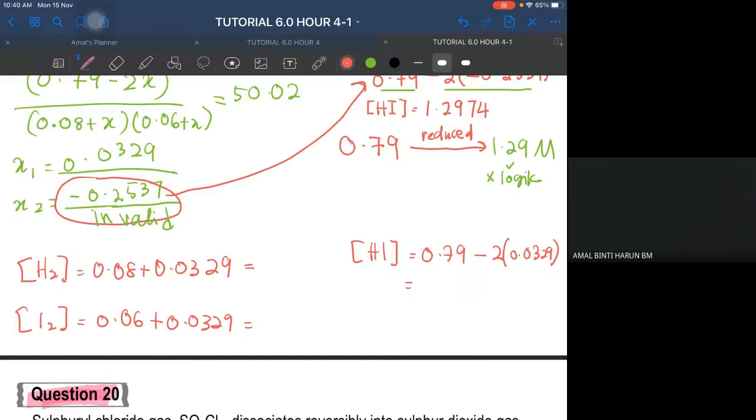So dapatkan concentration dia at equilibrium. Kalau H2 0.113 molar, I2 0.093 molar, and HI is 0.724 molar. Okay, settle.